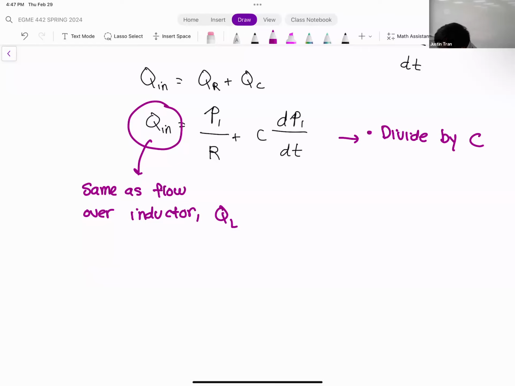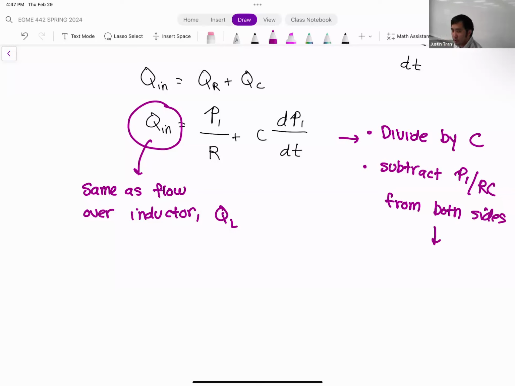And another thing that I'm going to do here, just because we're going to need to input it into MATLAB this way, I'm going to subtract P1 divided by RC from both sides. Okay? Because what this is going to do is that this is going to isolate the derivative term by itself on one side of the equation.